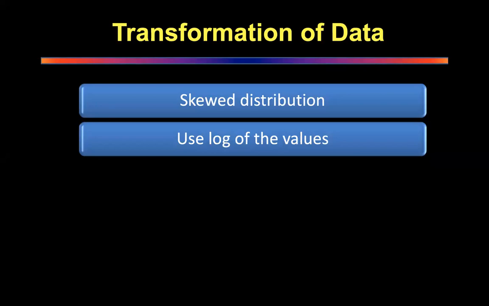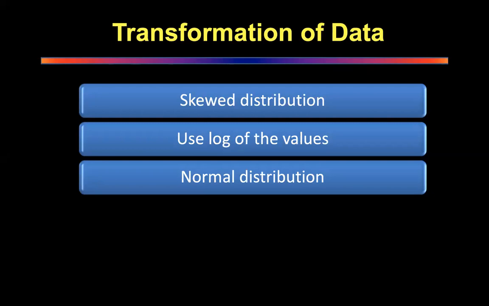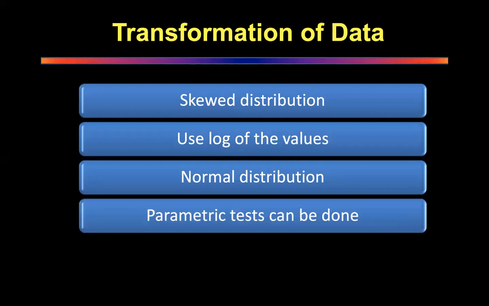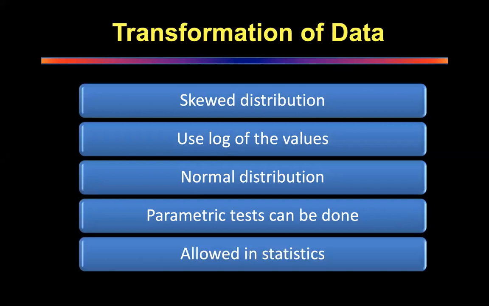So 2, 4, 6 may not be uniformly distributed, but log 2, log 4, log 6 may become uniformly distributed. This is a technique which is allowed in statistics to convert skewed data by using the log of the values so that you can use parametric tests, because parametric tests give you very good results. That's why you want to use parametric tests as far as possible.